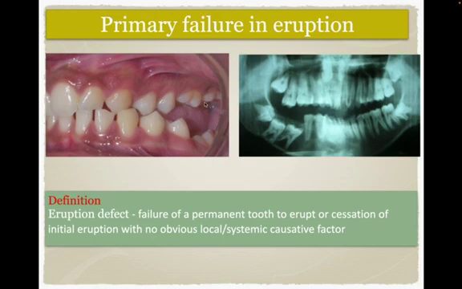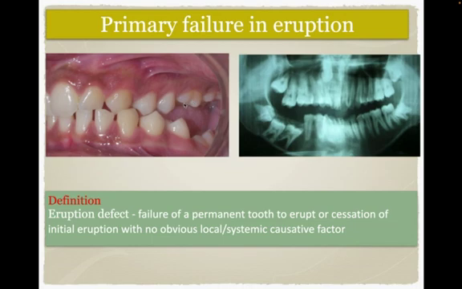Basically you can see here, for example, in this photograph, that the molar has penetrated the mucosa and then all of a sudden it stopped. This cessation of eruption has no reason. There is nothing that can explain why this tooth has stopped. No supernumerary tooth, no systemic factor, no local factor. Then we call it failure of eruption.